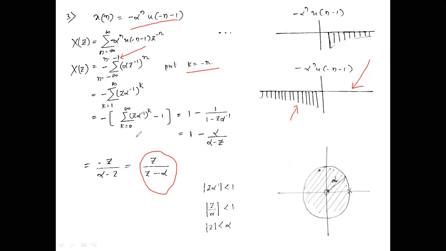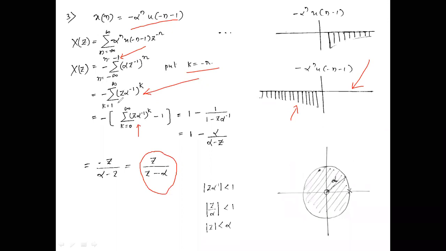ROC should be determined on those summations which usually go from any place to infinity. Either this is a nice spot to determine ROC, or maybe here. This term is also good, because we are bothered about the magnitude, not the sign.